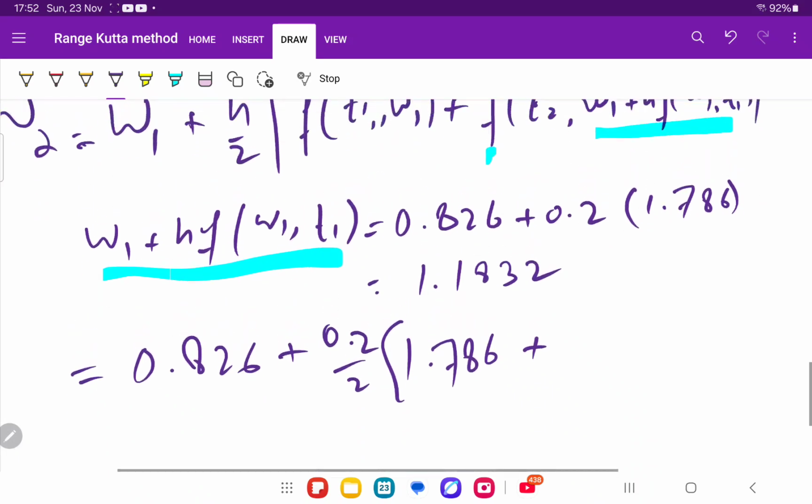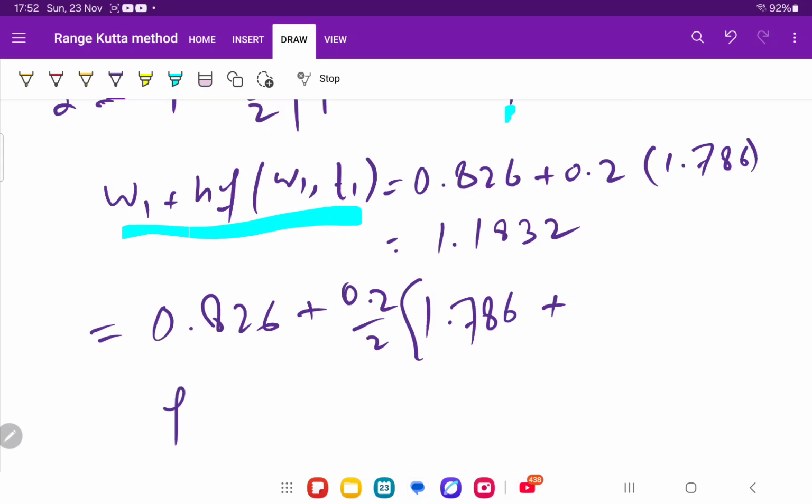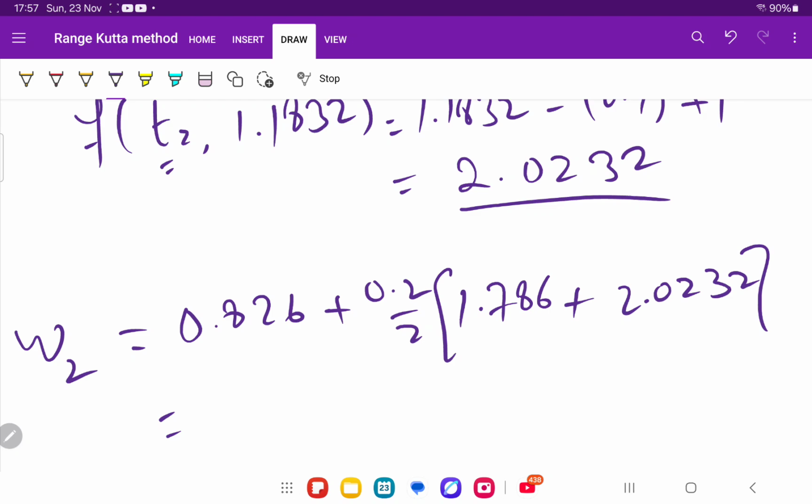This function is to be calculated: f of t2, 1.786, by this way: 1.786 minus t2 square plus 1. So what is the final answer for w2? 1.20. Okay, that's it.